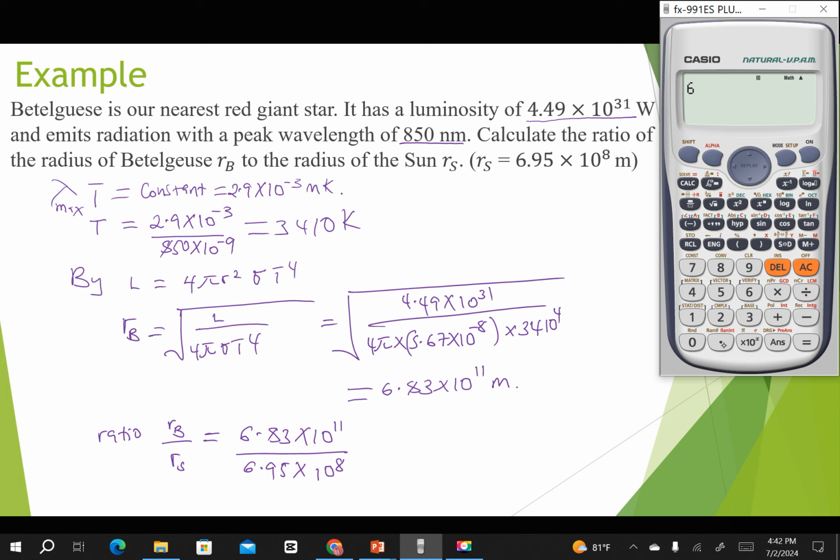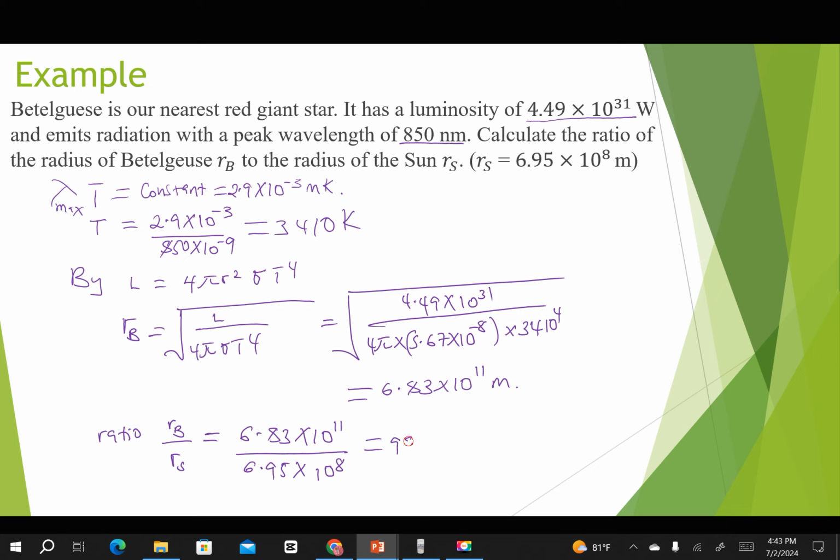So this is approximately 983. So we notice that Betelgeuse is about 1,000 times larger than the sun's radius.